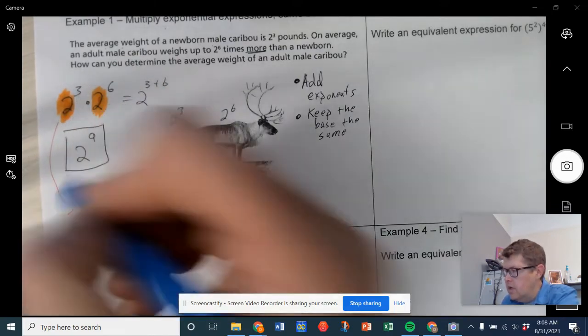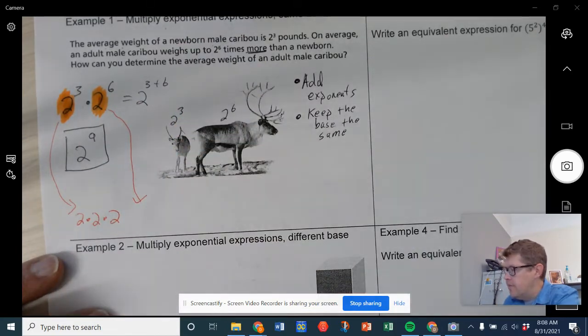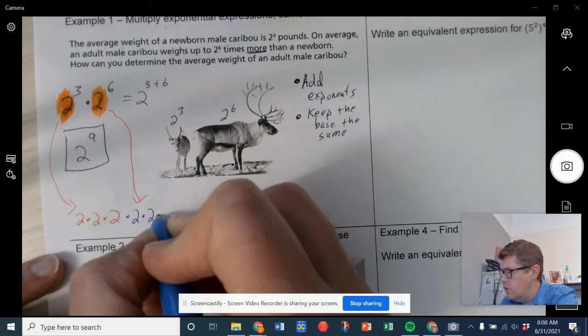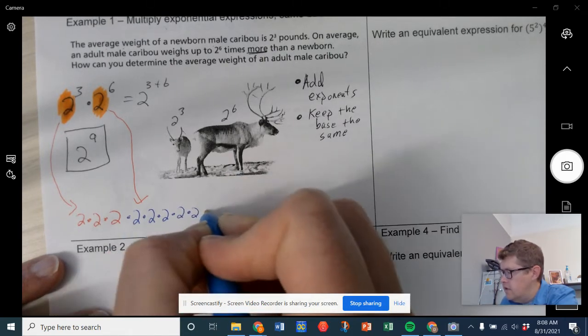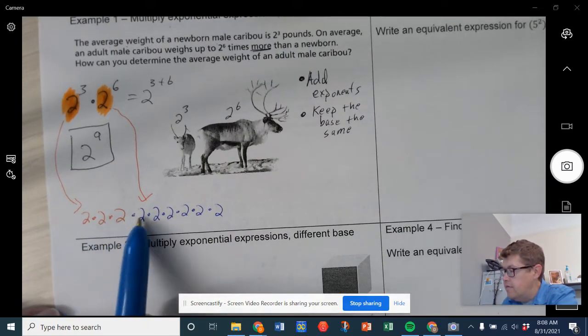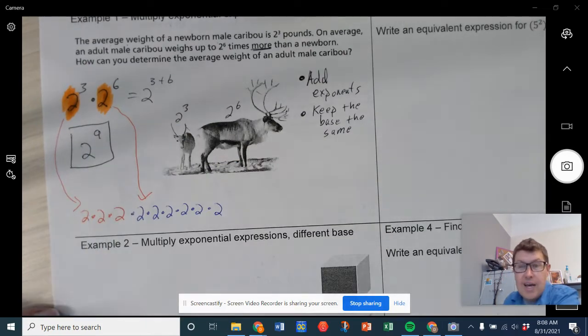Now this 2 to the 6th means we're doing the same thing, but we have 6 2s. 2, 3, 4, 5, 6. Now we just count them out. 1, 2, 3, 4, 5, 6, 7, 8, 9. So that's where that 9 comes from, an expanded form, a different way to visualize that.